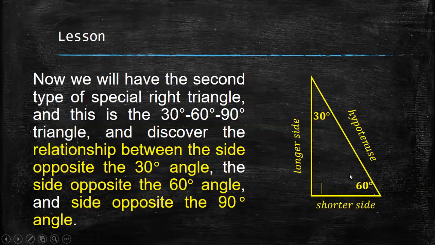And the opposite side of the 60-degree angle is the longer side. And lastly, the opposite side of our right angle or 90-degree angle is the hypotenuse. Always remember that: the side opposite 30 degrees is the shorter side, the side opposite 60 degrees is the longer side, and the side opposite our right angle, the 90-degree angle, is always the hypotenuse.